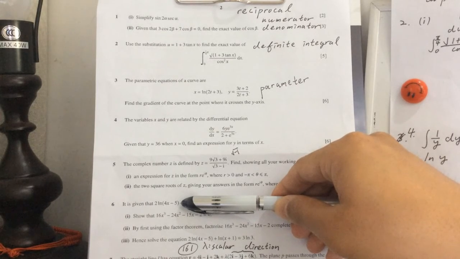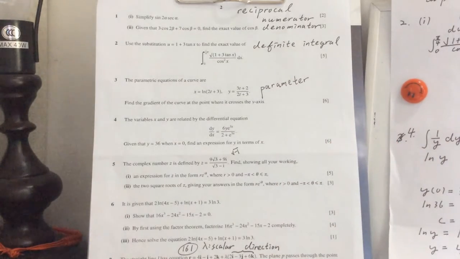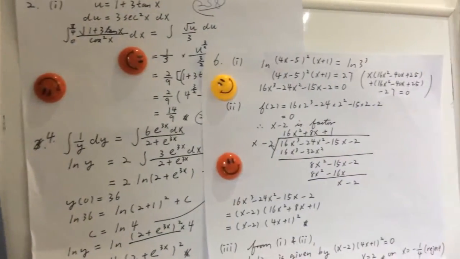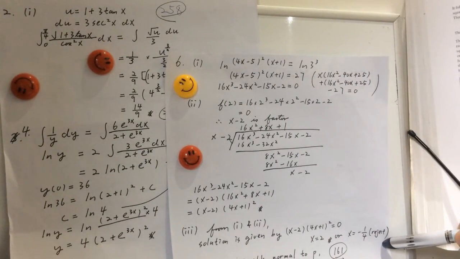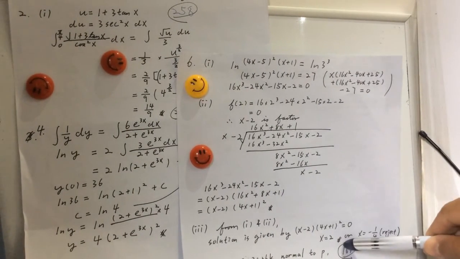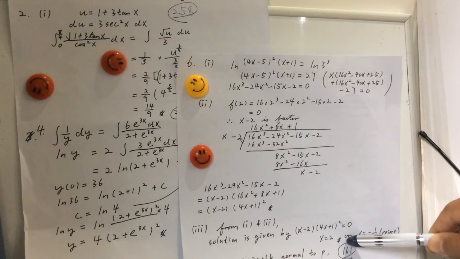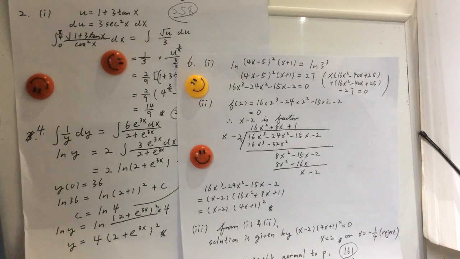That's why we need to reject the answer x equals negative 1/4. So x equals 2 is the unique answer for this question. That is part 3 for question 6.